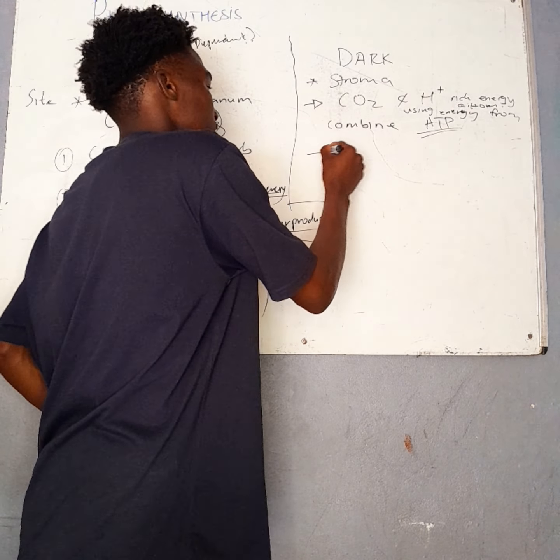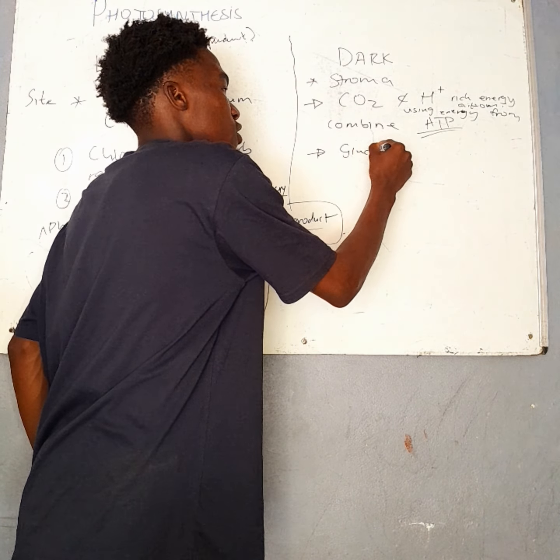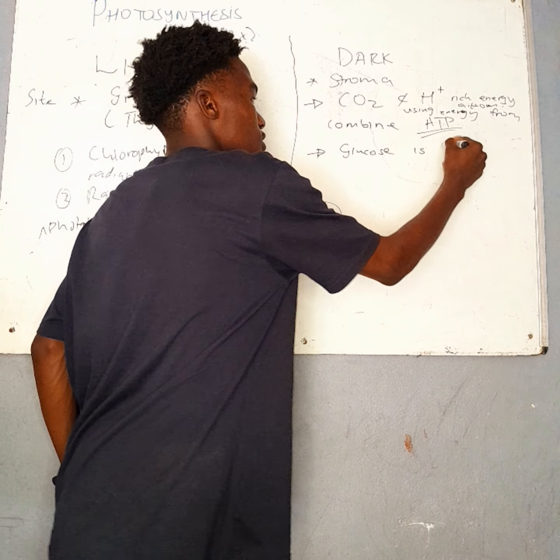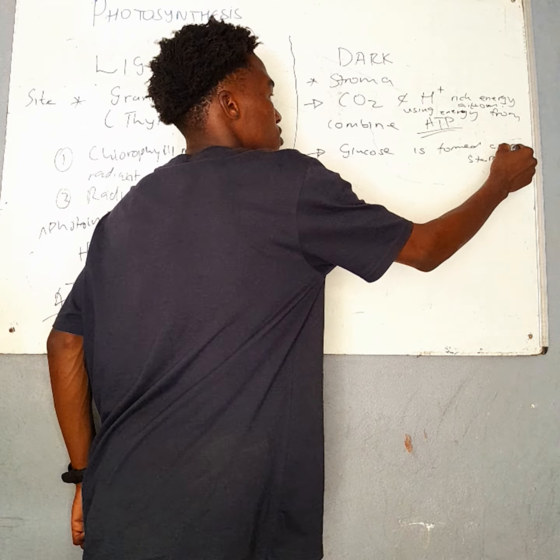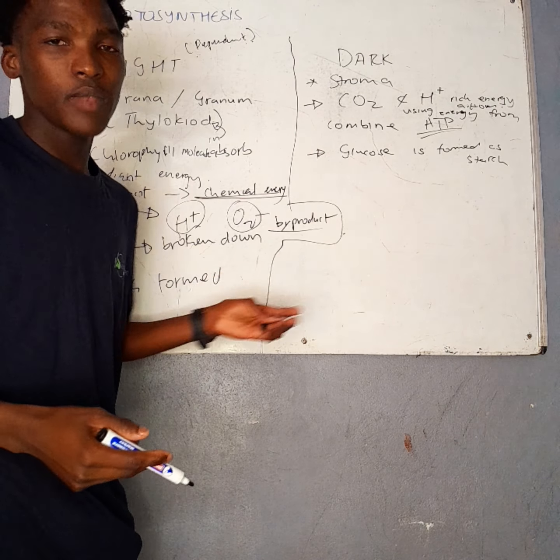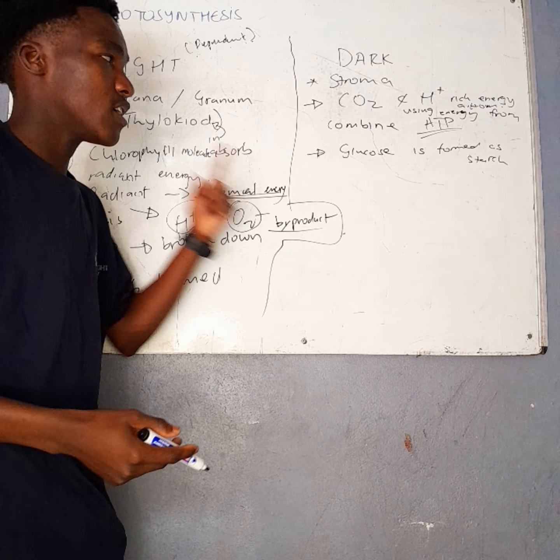Then after that, glucose will be formed as starch. So this is what takes place in both phases, dark phase and also the light phase.